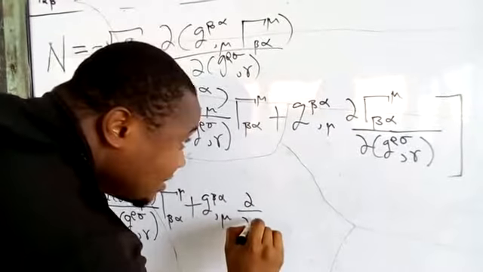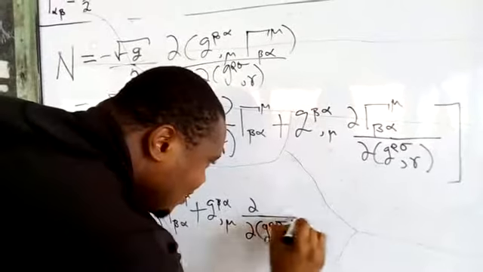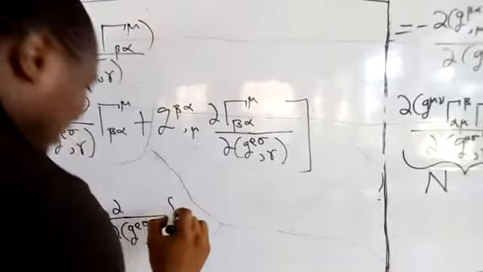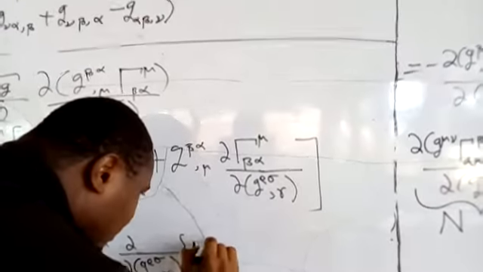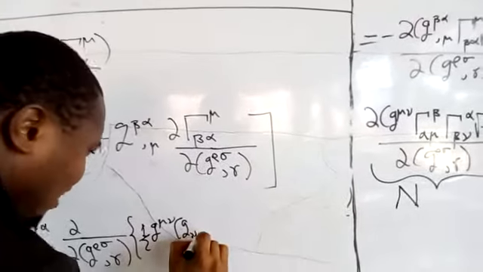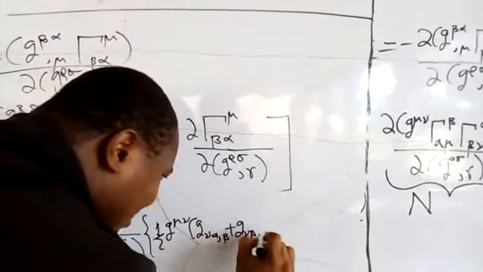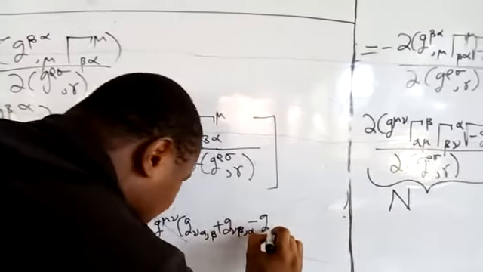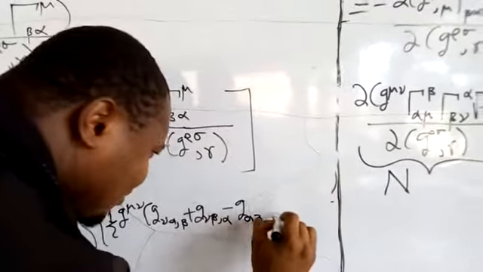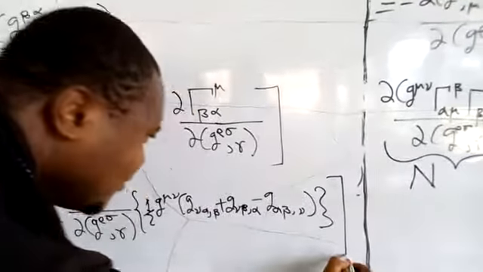Now I'm going to say the g rho sigma comma gamma, and then in a curly bracket I'm going to have half, 1 over 2 of some g mu nu in the bracket g mu alpha comma beta plus g mu beta comma alpha, but minus g alpha beta comma nu. That in the curly brackets, and then finally there.